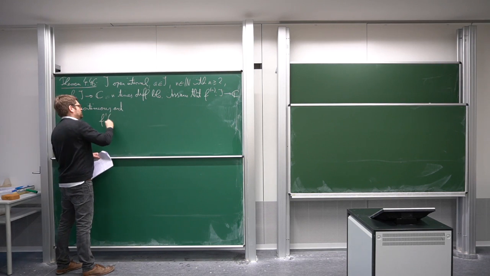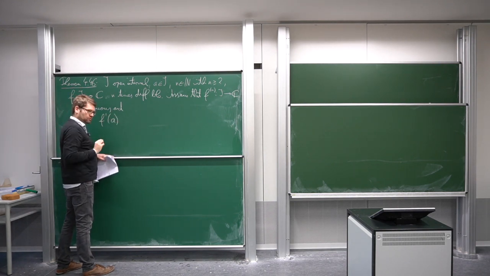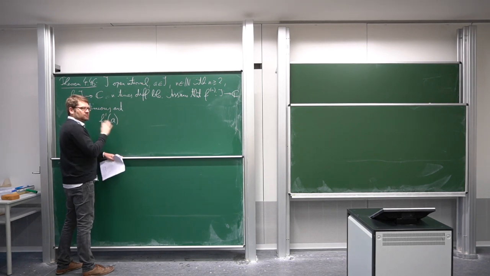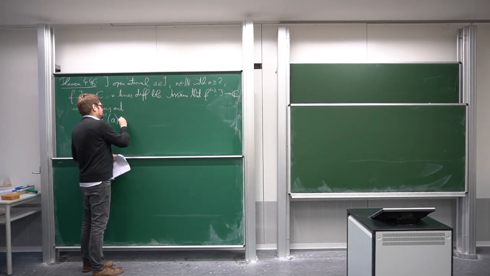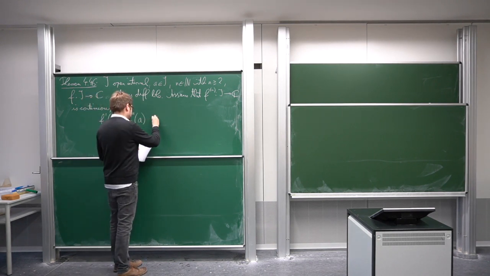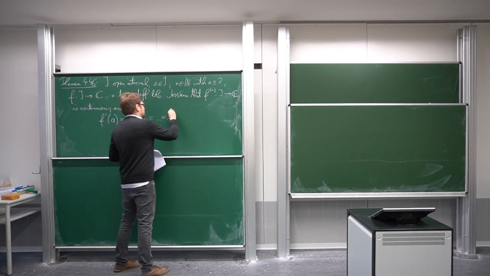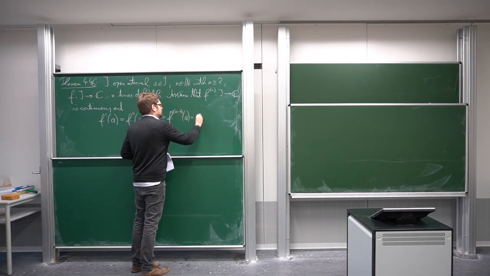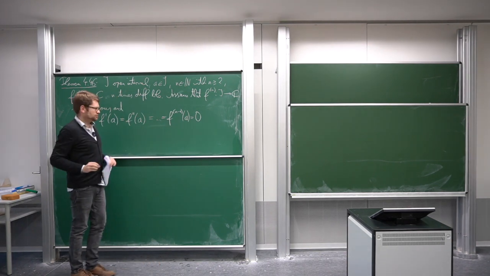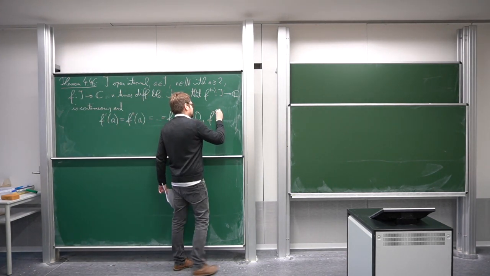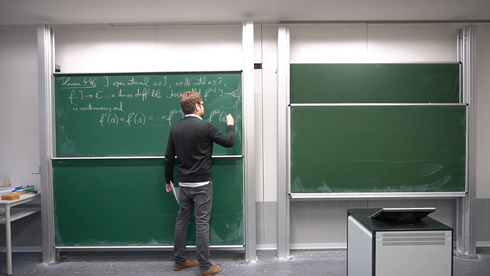The f prime of a is equal to 0, which is the necessary criterion by Fermat's theorem to be a local extremum. And we assume that more derivatives are vanishing, that the second derivative vanishes, and so on, and the (n minus 1)th derivative are vanishing. So these are all vanishing, and the nth one is non-vanishing. The interesting thing is the first non-vanishing derivative.